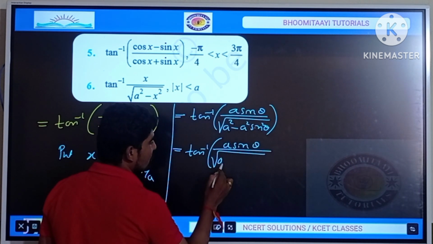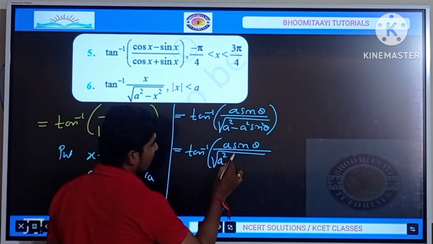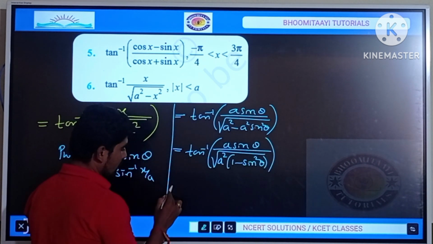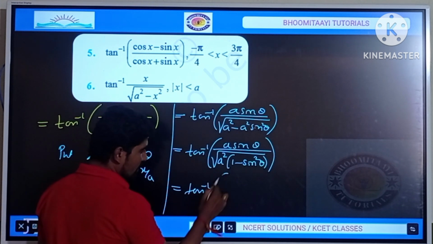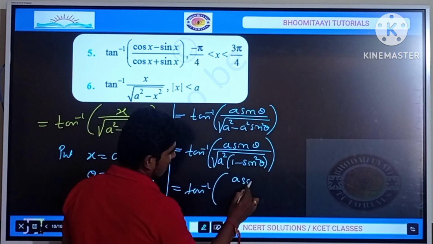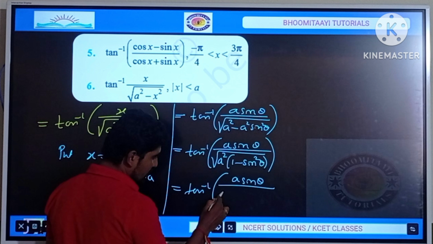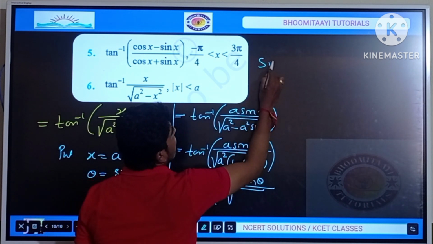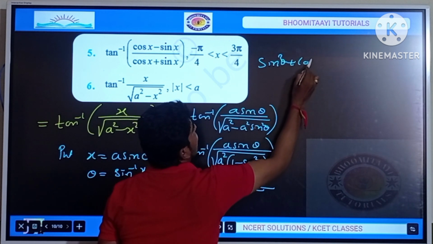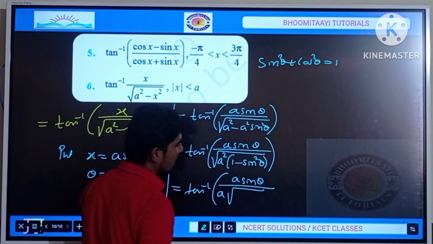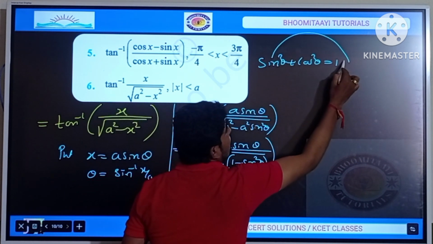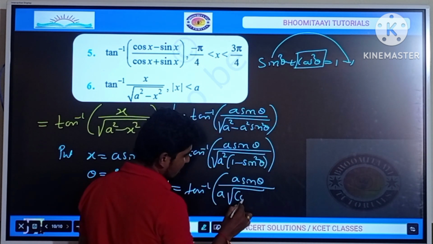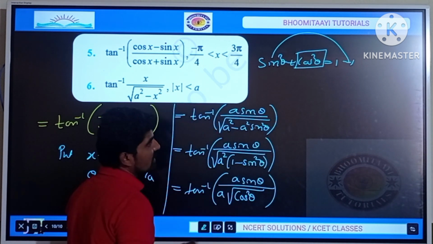In between these two terms we may take a square as common, remaining 1 minus sin square theta. Now this is equal to tan inverse of a sin theta divided by square root of a square, which is a, into square root of 1 minus sin square theta. Using the identity sin square theta plus cos square theta is equal to 1, therefore 1 minus sin square theta is equal to cos square theta. So in place of 1 minus sin square theta we may write cos square theta.